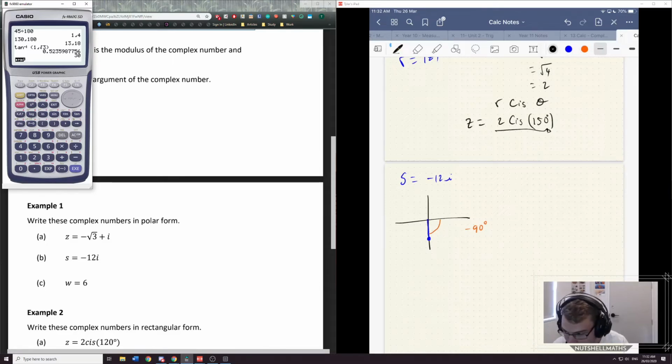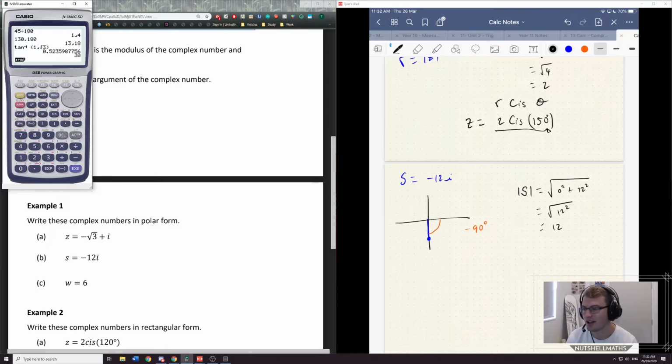And in radians, please give me the radians. And then I'll calculate the modulus while you give me the radians of minus 90. Oh, we're not doing Z, we're doing S. 12 squared.